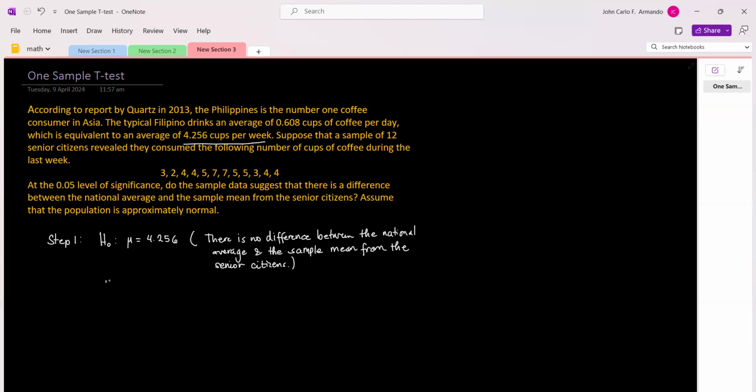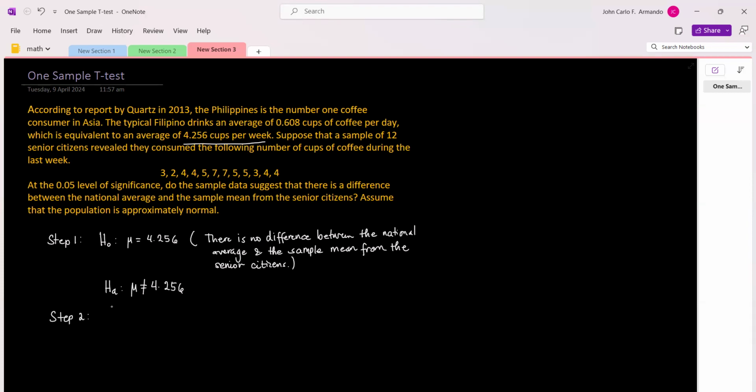Okay, for the alternative, since the clue word here is there is a difference, meaning we use the not equal sign. So that is, the mean is not equal to 4.256. So step 2, we're going to identify the appropriate test statistic, right?